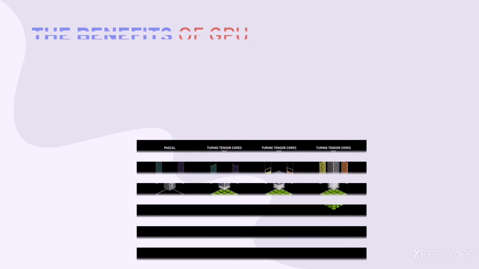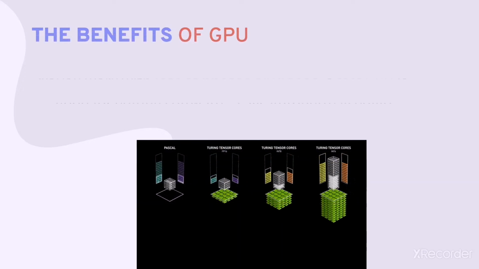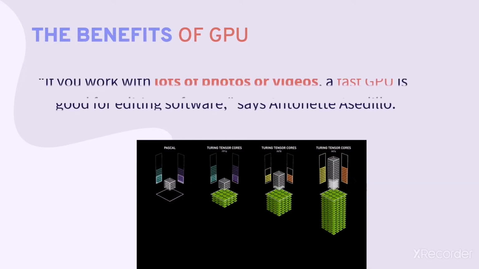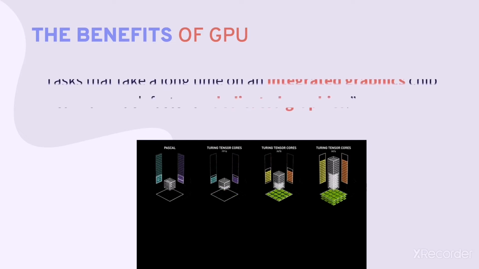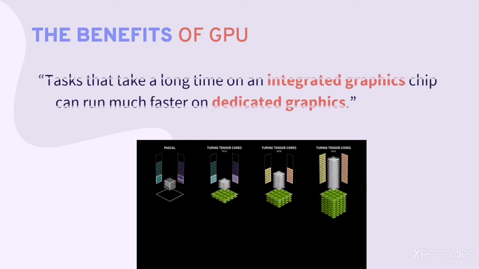The benefits of GPUs are, if you work with lots of photos or videos, a fast GPU is good for editing software, says Antoinette Stolow, who oversees the computer testing at Consumer Reports. Tasks that take a long time on an integrated graphics chip can run much faster on dedicated graphics.